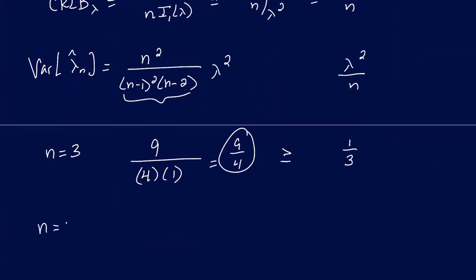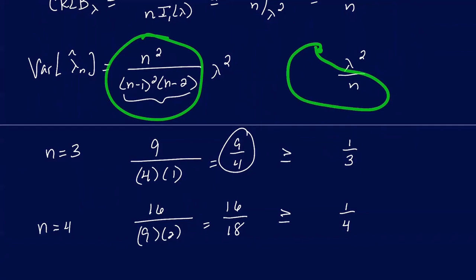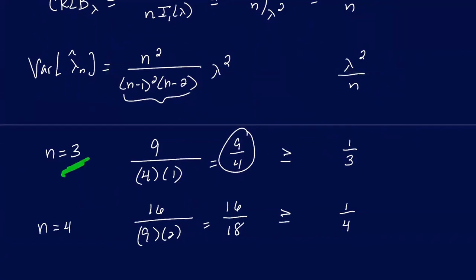When n is 4, we get 16 over 9 times 2, which is 16 over 18. And on the right-hand side, we get 1/4, and still greater than or equal to. And I guess, maybe if I was taking the prelim, I would draw a conclusion right now and then come back if I had time to actually prove that this coefficient is greater than or equal to 1 over n for all integers 3 and higher.